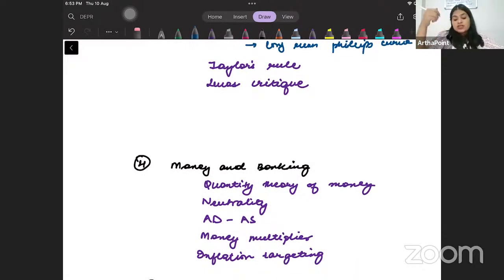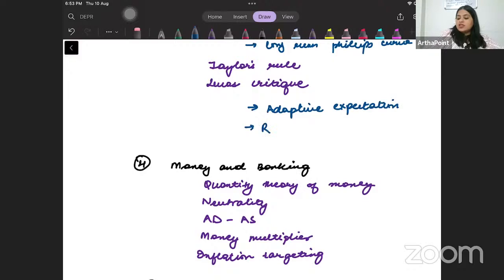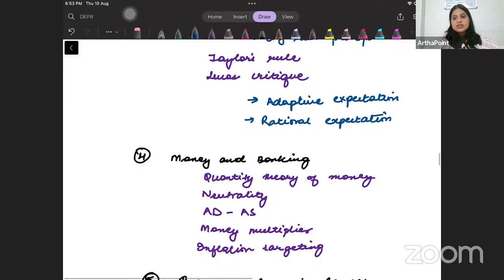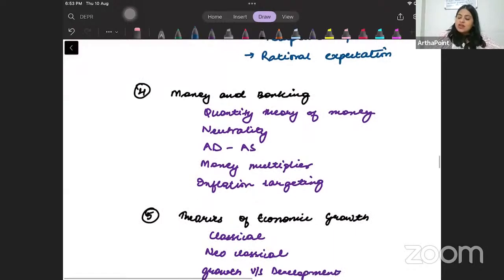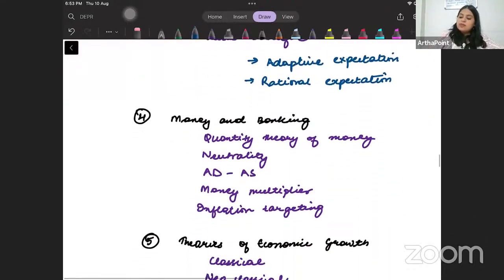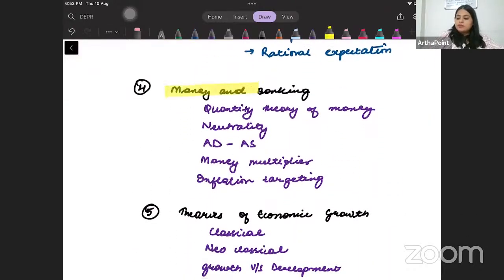So when I say Lucas critique, that means they can also ask you about the adaptive expectation. They can ask you about rational expectation. And then they can also ask you about the Lucas critique. ठीक है जी?